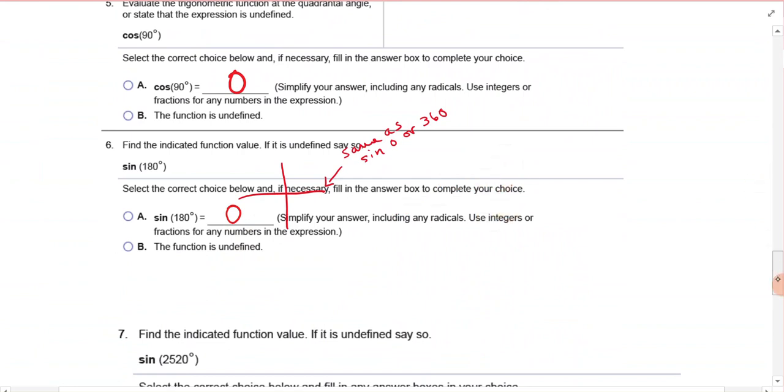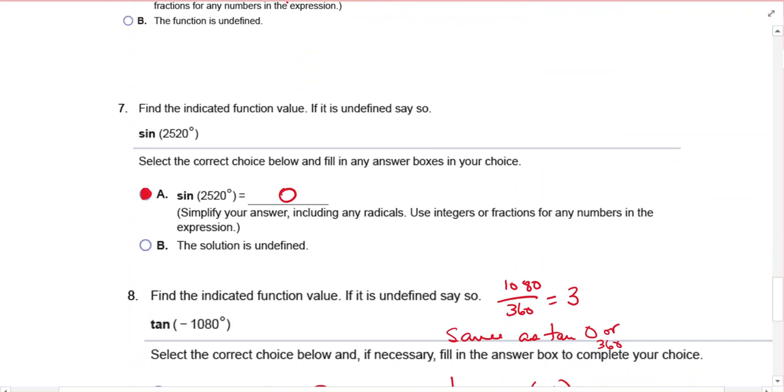All right. So find the indicated function value. If it's undefined, say so. 2520. So with 2520, we want to think about how 360 goes into 2520. If we did 2520 divided by 360, it's probably going to go around 7 times. 7 times 6 is 42.